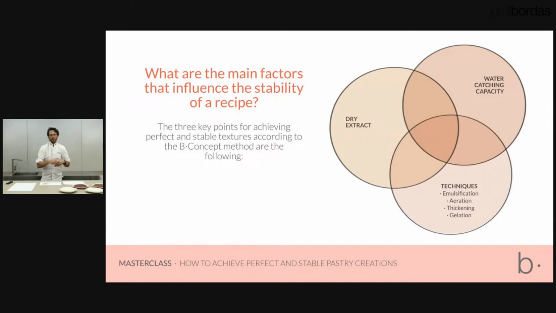So when I have water leaking out of the recipe, another solution can be to increase the ingredients with high water catchment capacity. That means when I formulate, I introduce more thickening agents, like guar gum, xanthan gum, or flax fiber, which have a huge ability to catch the water and help us in the freezing and thawing process.